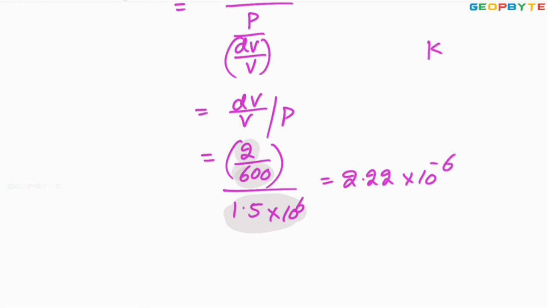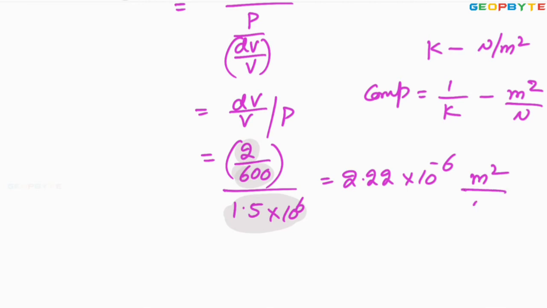You know the bulk modulus unit is Newton per meter square. Compressibility is equal to 1 by bulk modulus, therefore its unit is meter square per Newton. That is the compressibility, 2.22 into 10 power minus 6.